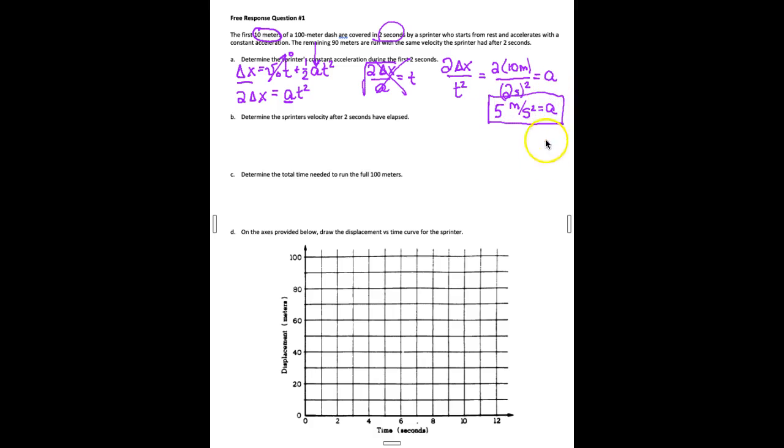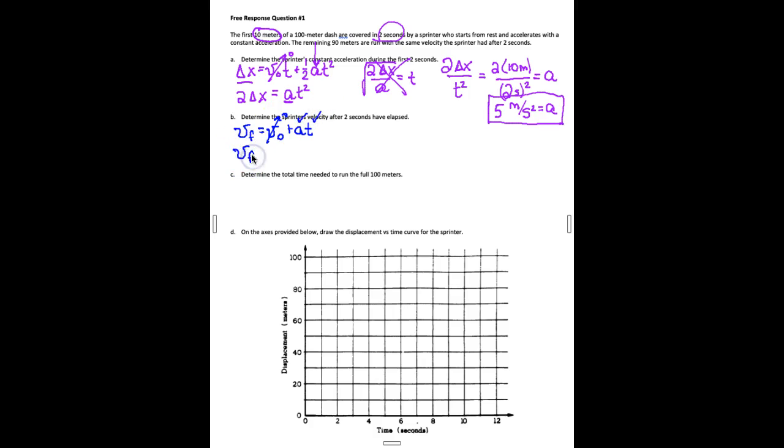In part B, they say determine the sprinter's velocity after the 2 seconds have elapsed. I'm going to use the second kinematics equation: v final is equal to v initial plus acceleration times time. The reason I chose that one is because the initial velocity is 0, the final velocity is what I'm looking for, and I now know both the acceleration and the time.